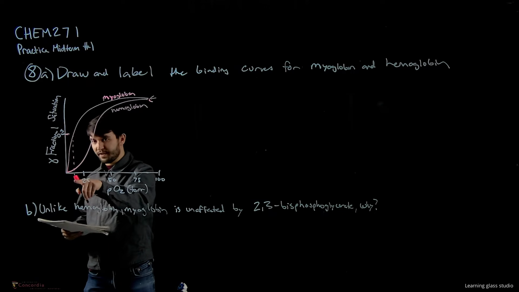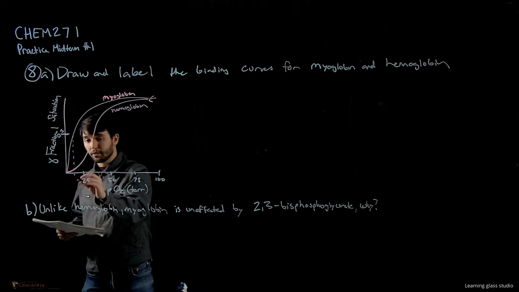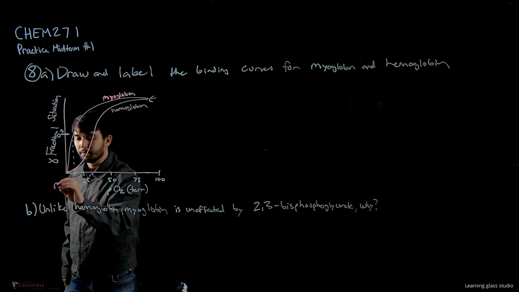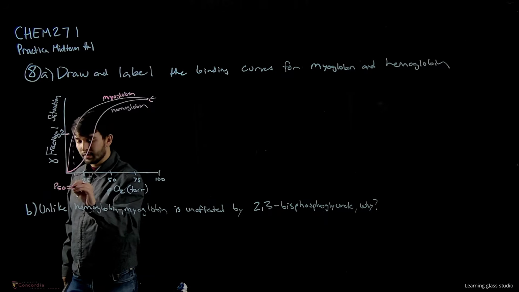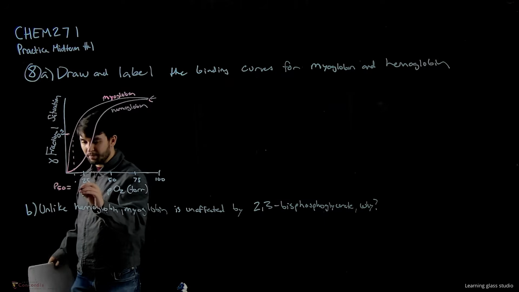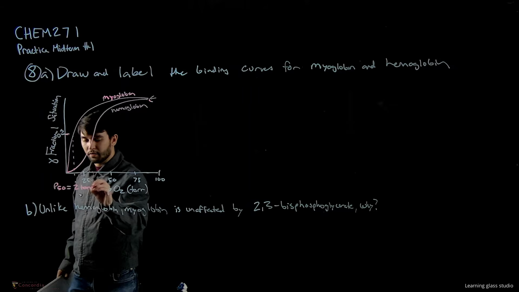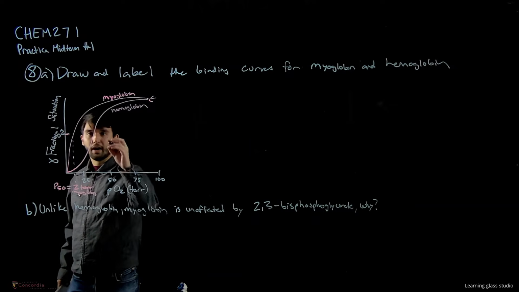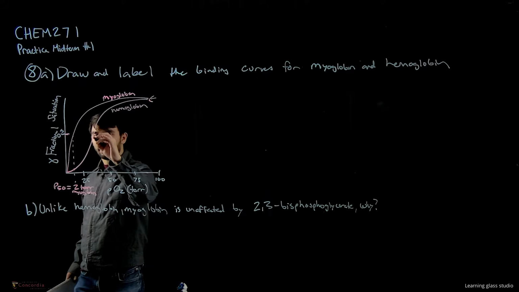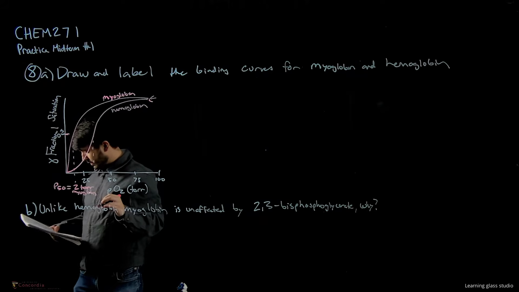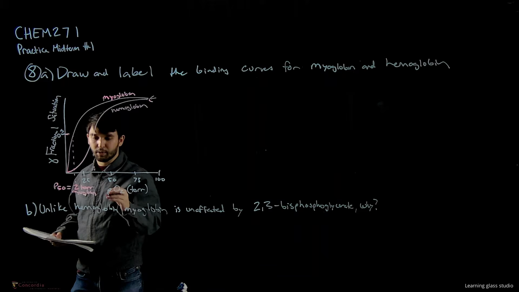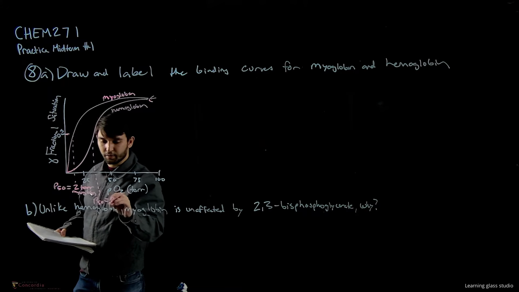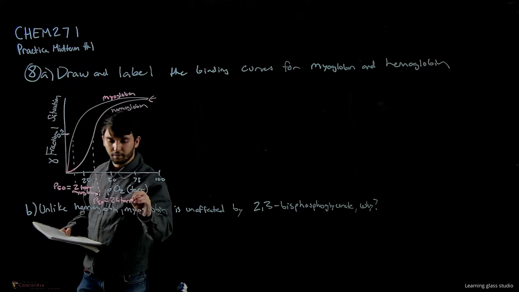So the P50 for myoglobin is very low. I didn't draw it particularly well, but P50 is supposed to be about 2 torr for myoglobin, while here it is about 26 torr for hemoglobin. So P50 equals 26 torr for hemoglobin.